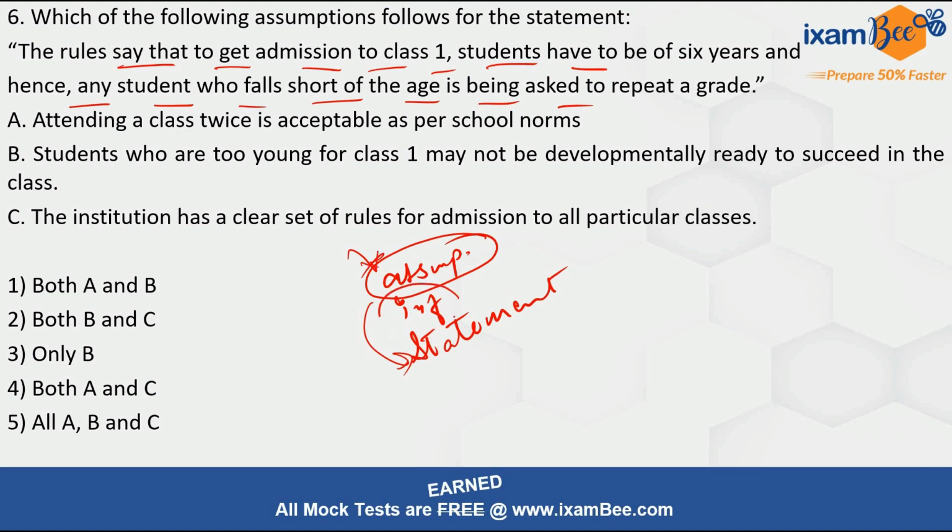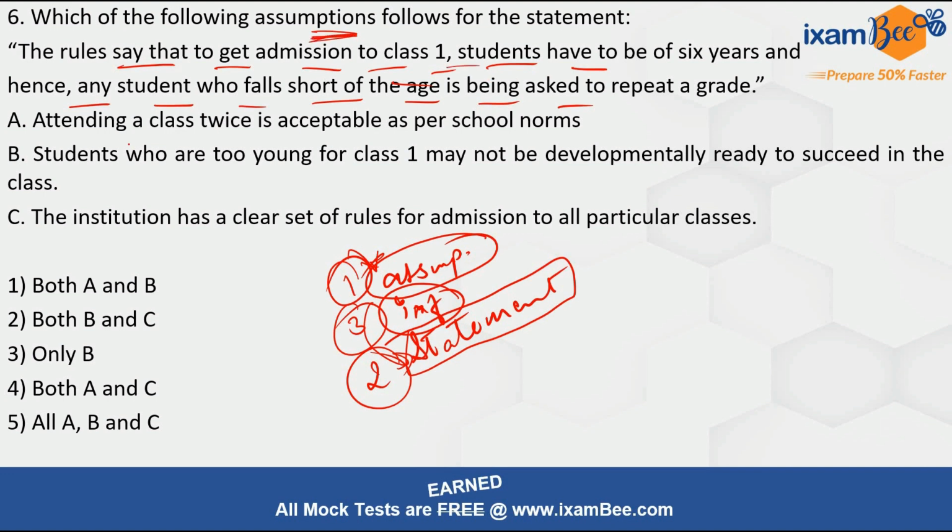And the inference would be, if I make a statement and then ask you some questions, you will answer, and I will infer whether you have understood what I explained or not. So first the assumption will come, then the statement, and then the inference, right? So here, we have to see what assumption was made, what was presumed while making this statement.